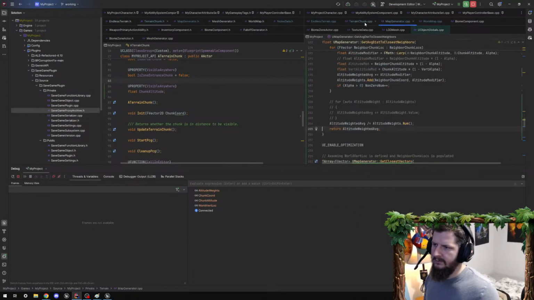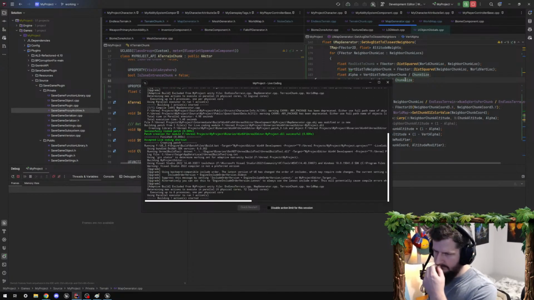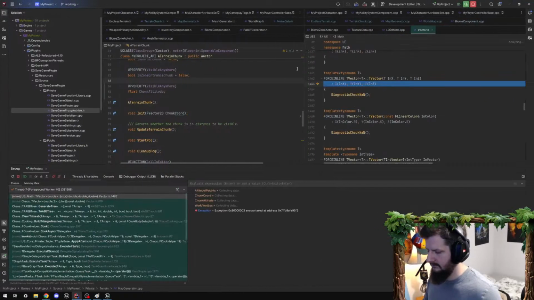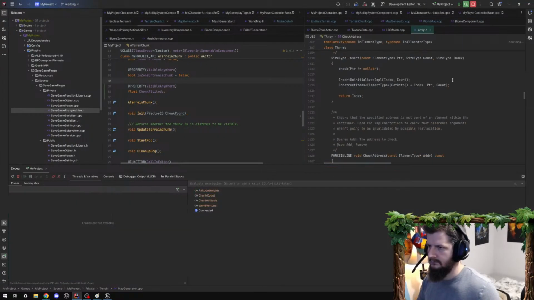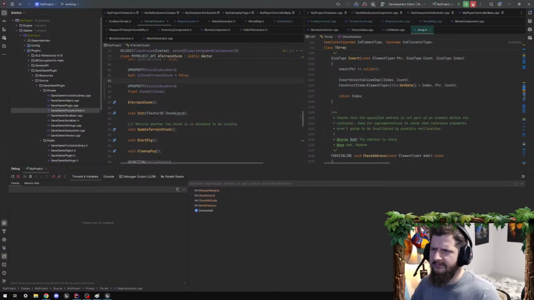And I think maybe I did divided by chunk size. Is that what I did to get it to line up there? Okay, yeah, that's what was failing for some reason. I don't know.